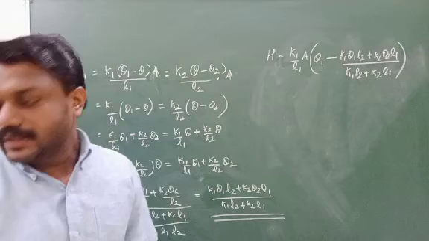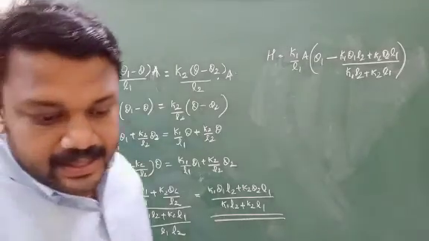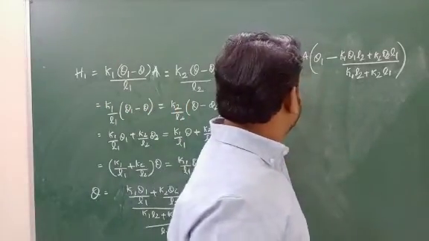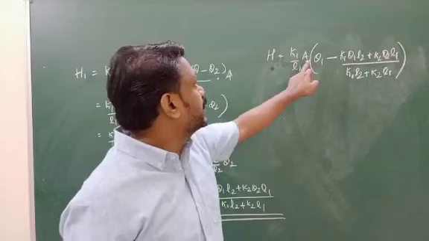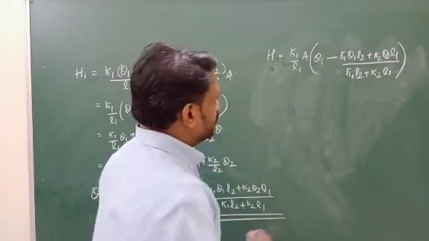So the heat flowing H is equal to K1 A by L1 theta 1 minus theta. So you can cross multiply that.